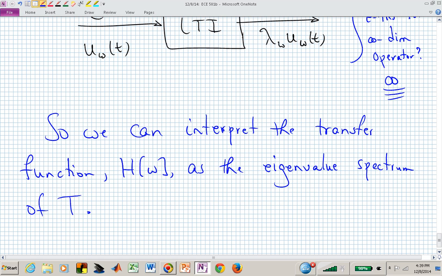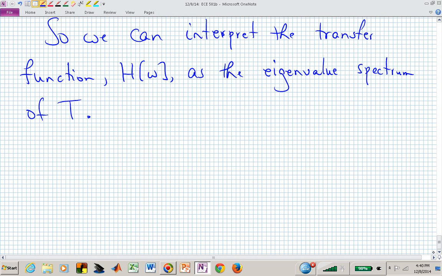And now that spectrum is giving us a weighting, magnitude, and angle of these different eigenfunctions. You give me a frequency, and now H may be different for each frequency. And that's true for an infinite number of eigenfunctions. So now we've decomposed this operator into an infinite number of eigenfunctions.